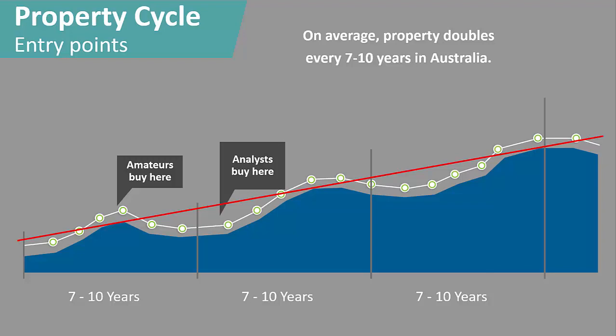You can literally turn one block into two or three. Your single block, you might subdivide it and turn it into a dual occupancy, or you might turn it into a 3 or 4 townhouse site. So you're creating that duplication effect, which creates equity, as well as the fact that you've got a property that's going to appeal to another two categories of people. So that's why you're seeing the increased growth.